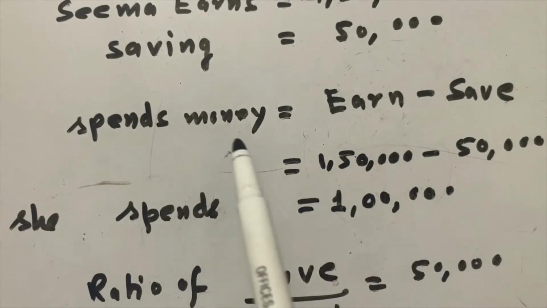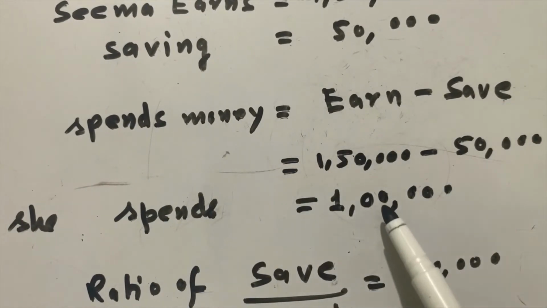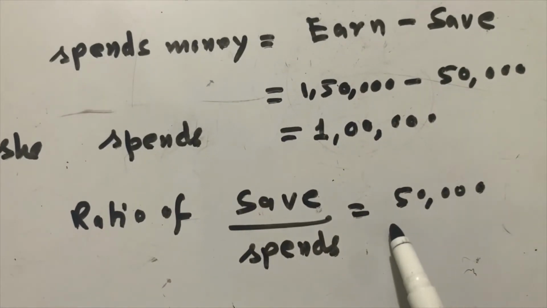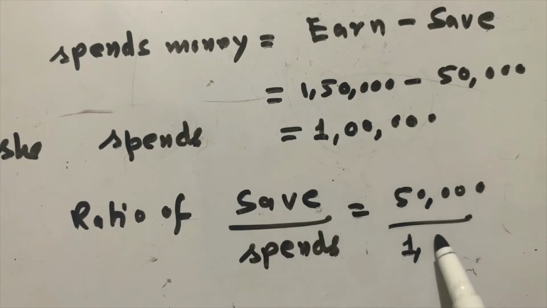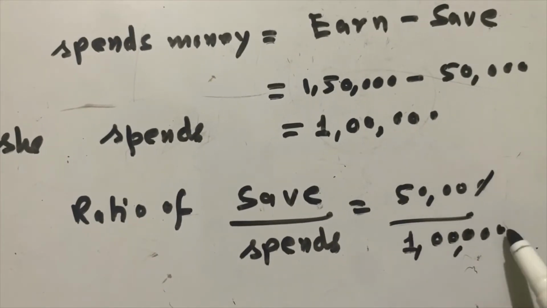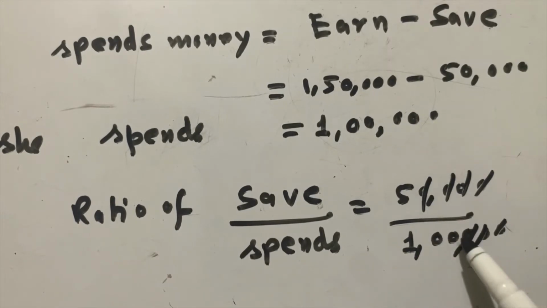Spending money we have calculated. Total earning minus saving is equal to what she spends, 1 lakh. Expense amount is given, 1 lakh. Now the ratio will be, simply we will cancel the zeros.